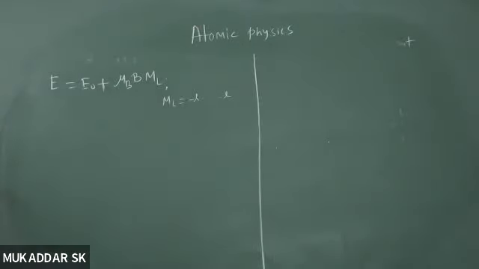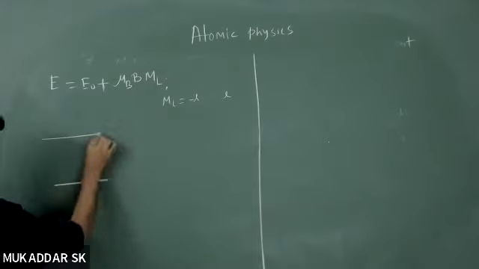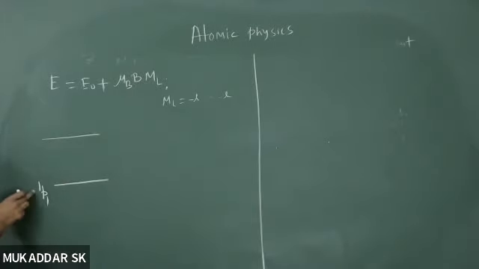Depending upon ML. Now suppose you have two levels. This is your first level, that is 1P1. The 1 is the multiplicity, representing 2S plus 1, so 2S plus 1 value is 1.